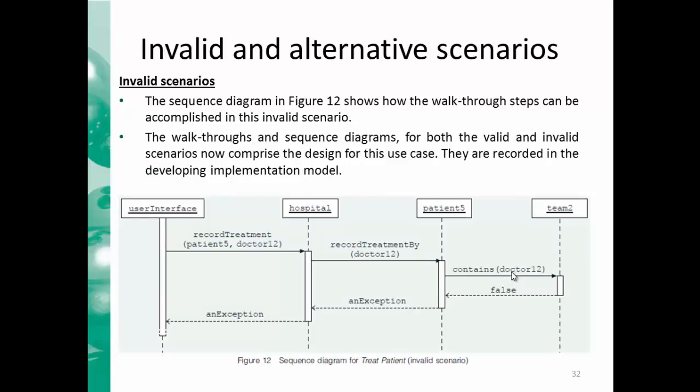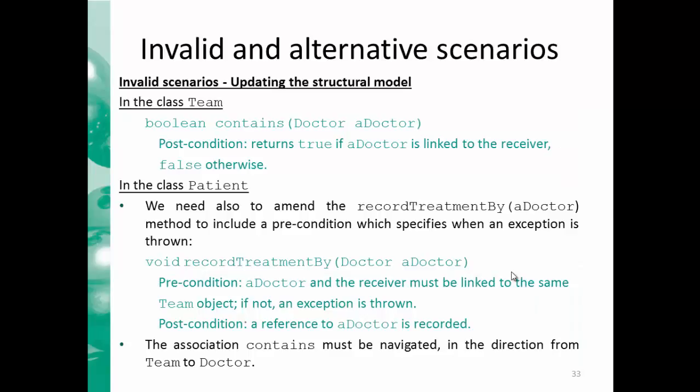As you can see here, the return data types are false, an exception means this process cannot be continued, and patient 5 cannot be treated by any doctor outside the team 2 that cares for that patient.